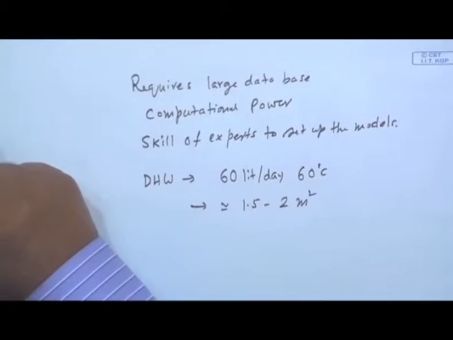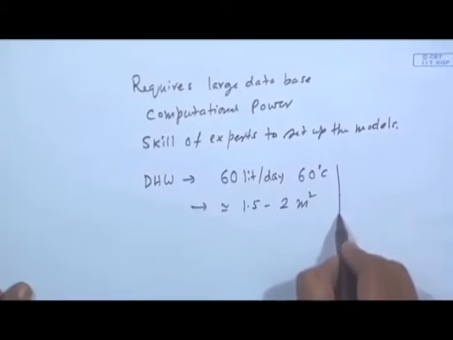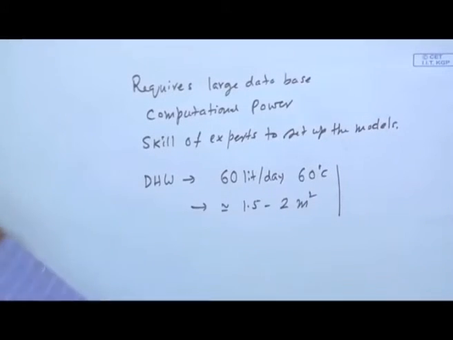Now, simulations almost cost the same thing whether it is a large system or a small system. So, at times even the simulation cost may be too much for a small system.